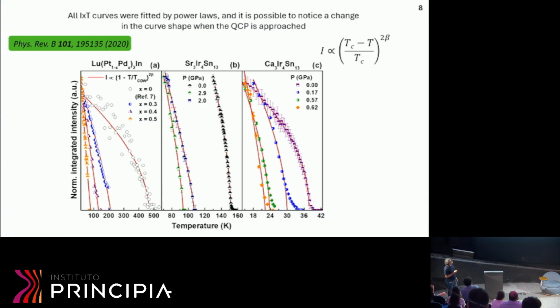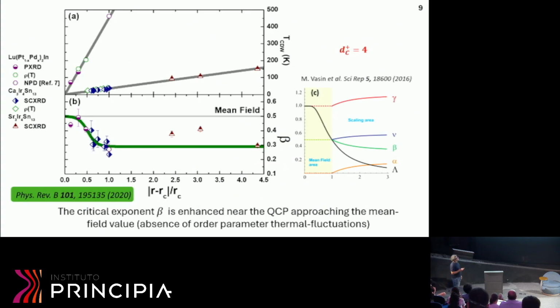We mapped that, and we saw that as the system approaches the critical pressure or the critical doping for the charge density wave, the behavior of the critical exponent changes. This is an indication that the system moves from this universality class to the mean field value, indicating that it reaches the upper critical dimension.